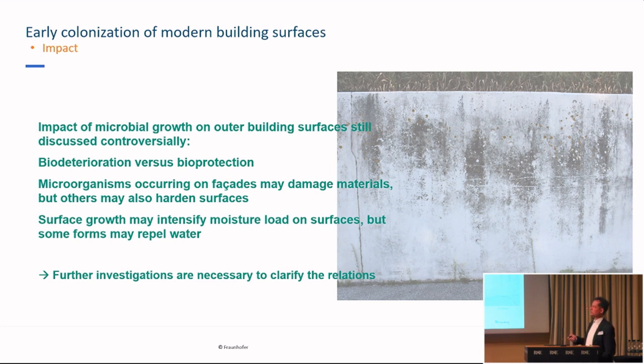But there are also other organisms that may harden the surface, because if they are building up a layer of oxalate, this is very hard and may protect the surface from physical strain.